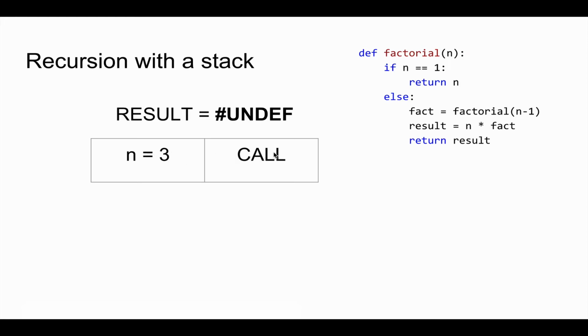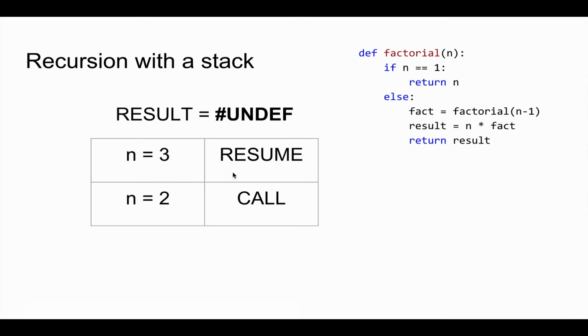So this first instruction says to call factorial with the value of n equal to 3. And the way that we do that is we remove this instruction from the stack and then push further instructions on the stack so that if we carry those out, then we will actually carry out this instruction of calling factorial where n is equal to 3.